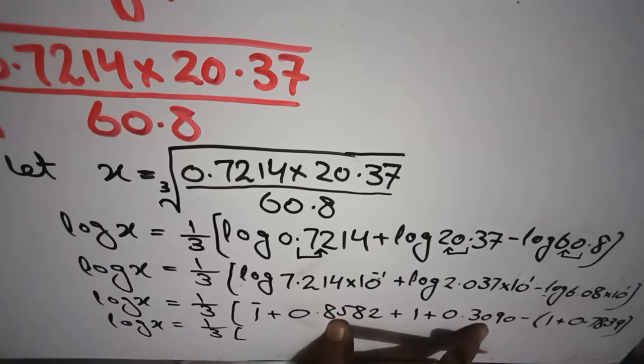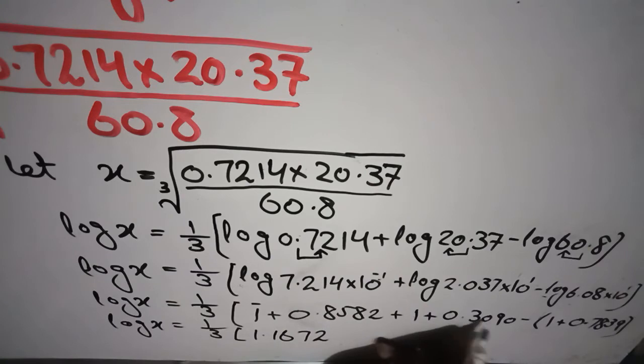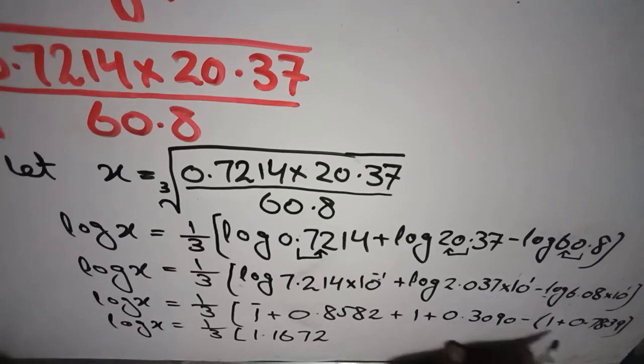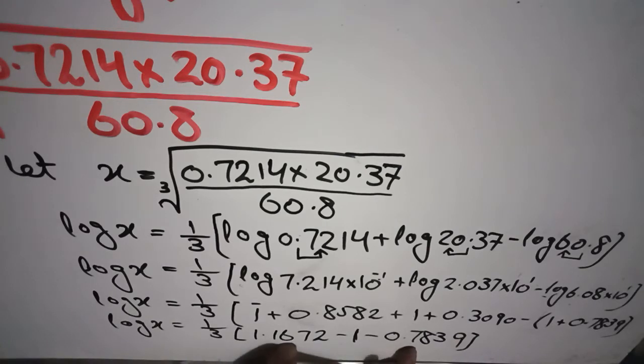By adding these values we will get 1.1672, and this minus will be multiplied with both of these values. So there will be -1 and minus 0.7839.